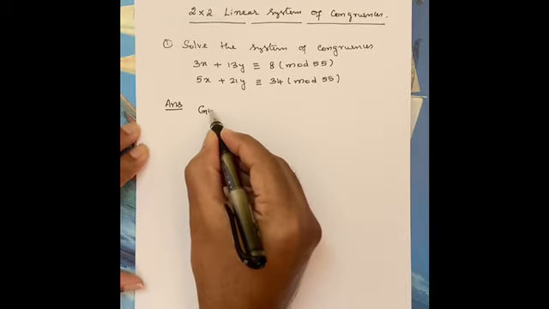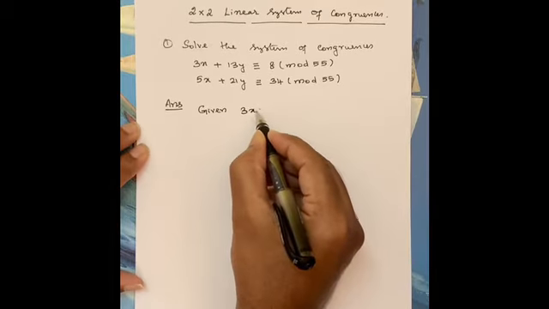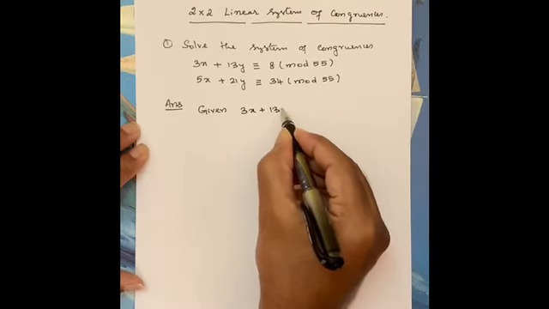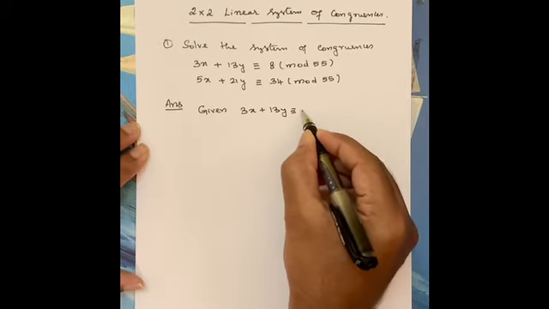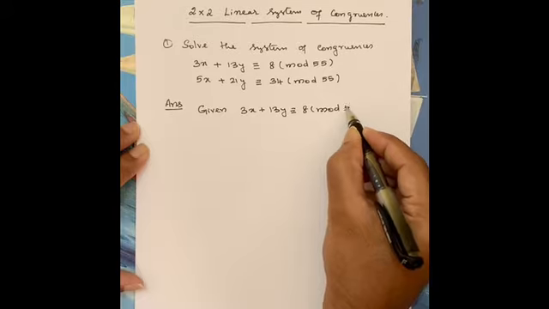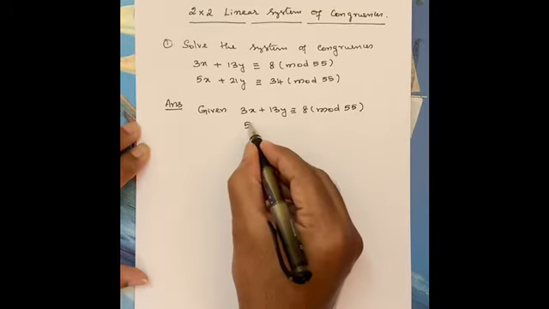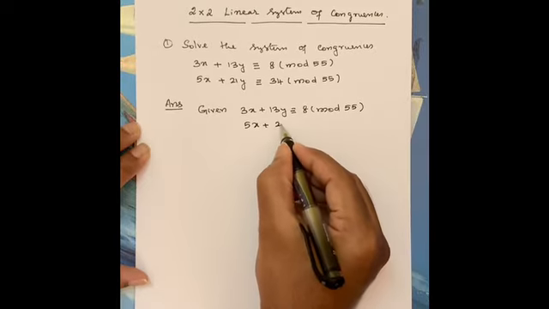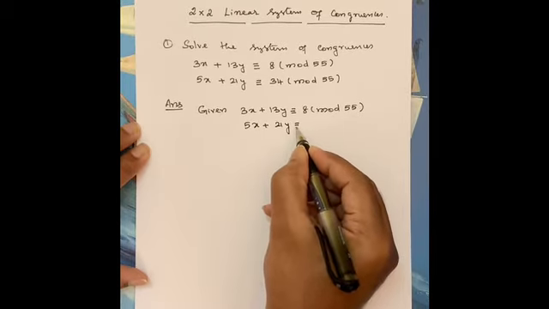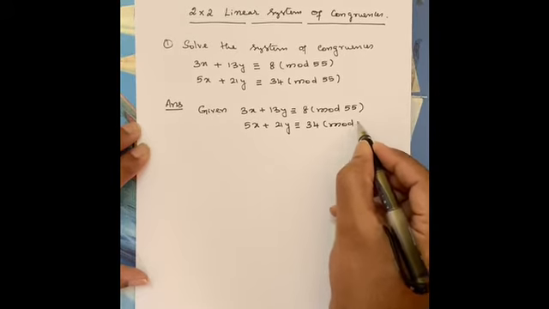Okay, so the answer for this. What are the given congruences? First I am writing 3x plus 13y congruent to 8 modulo 55. And the second one is 5x plus 21y congruent to 34 modulo 55.